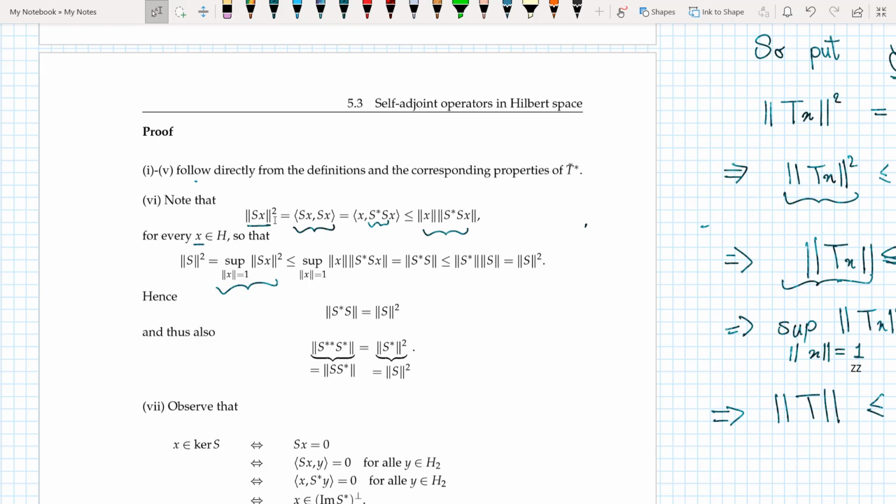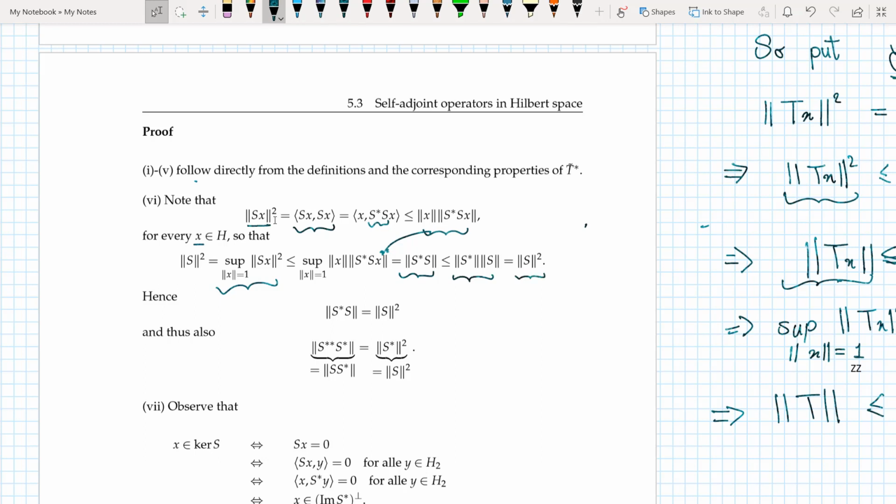Now this is less than or equal to, I can substitute this here. So when the norm of x equals 1, it turns out to be like this, which again can be written in two parts. And the norm of S star was the norm of S, I proved it above, and thus it's the norm of S squared.